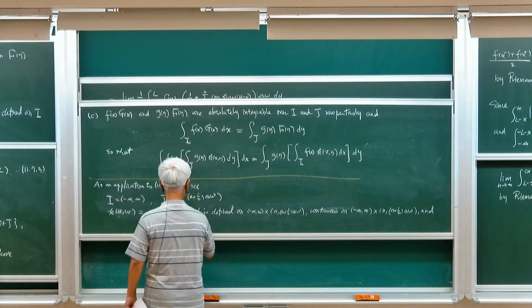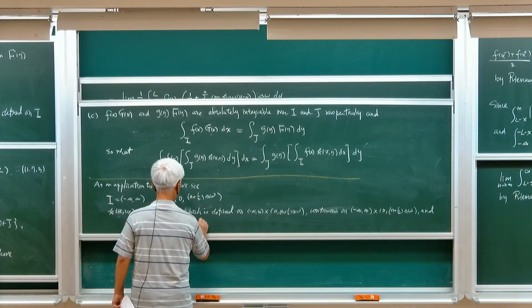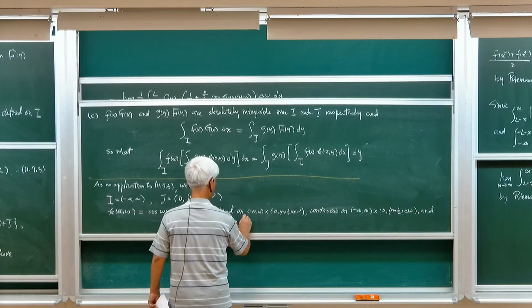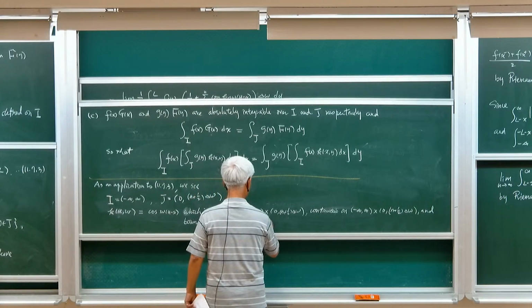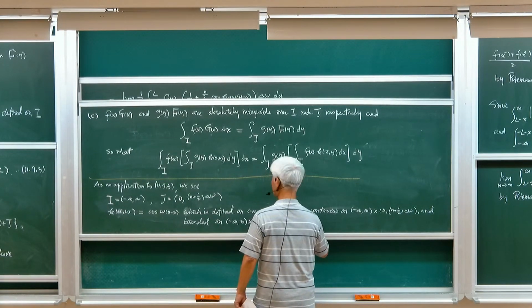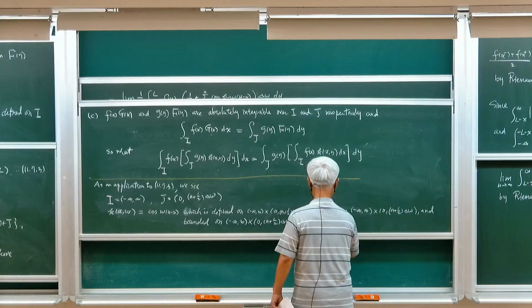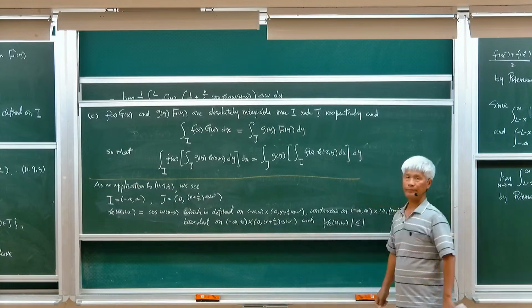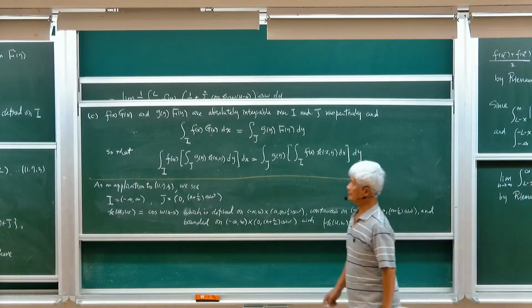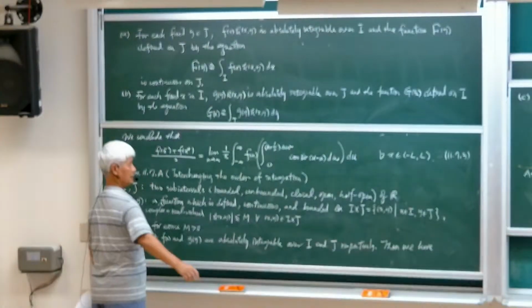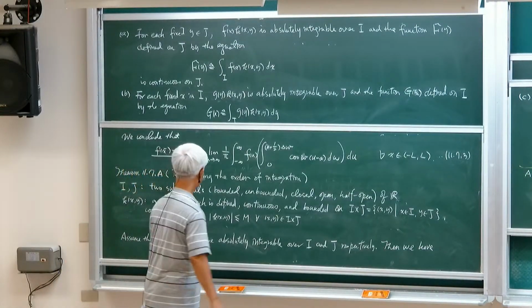And it is bounded by 1, because a sinusoidal function is bounded by 1. So we have that the kernel K is bounded by 1.